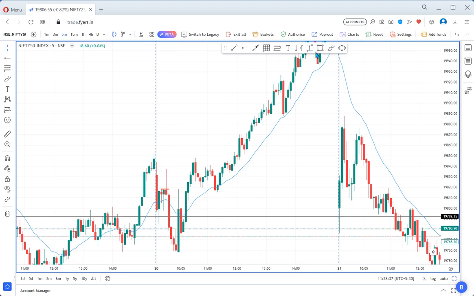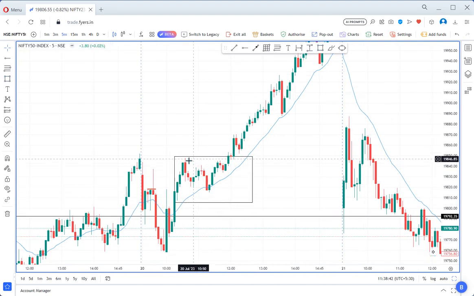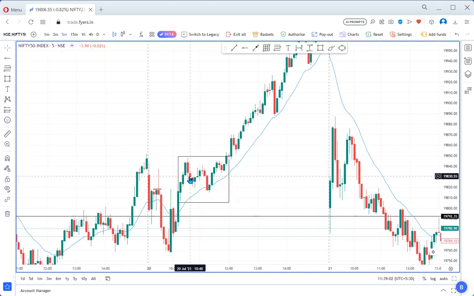If you look at this square box, you are not seeing any good looking or consecutive move of bear bars. These are three bear bars, but they are not able to close below their prior low. These two bear bars are there. This is probably an exhausted move near the EMA.